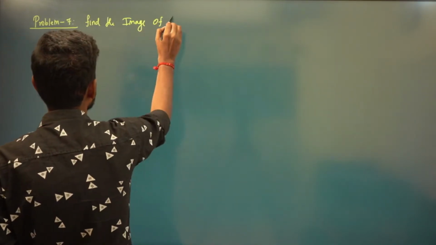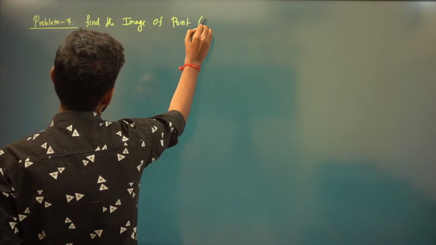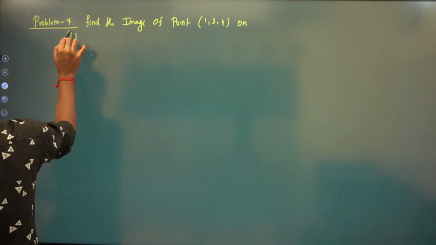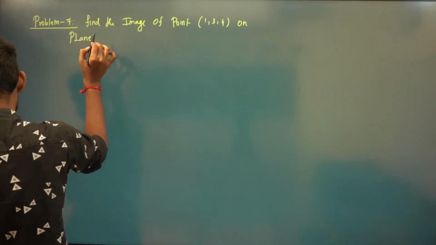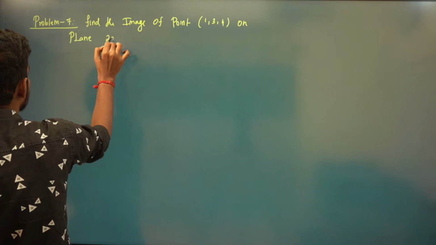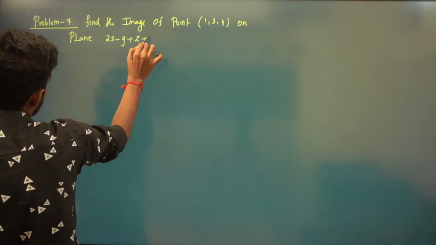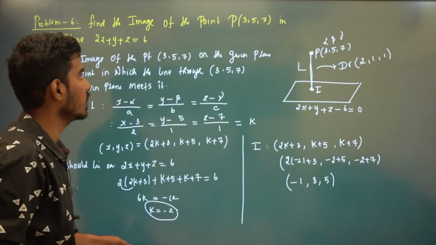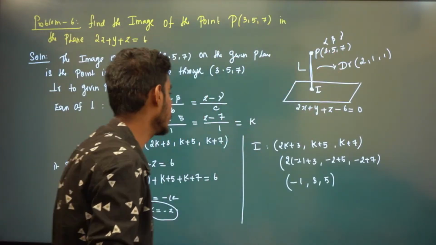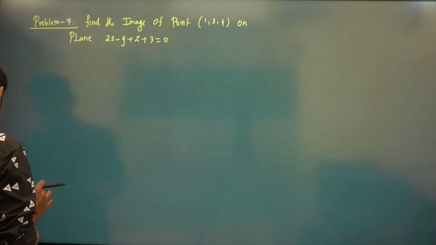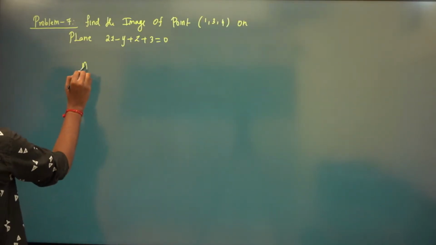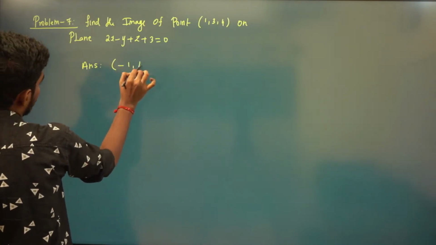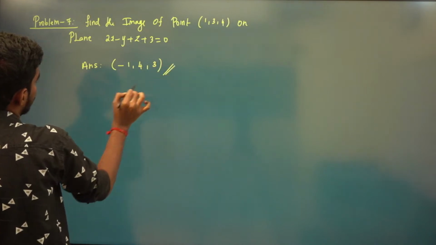Find the image of the point (1, 3, 4) on the plane 2x minus y plus z plus 3 equal to 0, right? Same procedure. So instead of (3, 5, 7), we have (1, 3, 4), and we have a plane. So the answer is (minus 1, 4, 8) exactly.